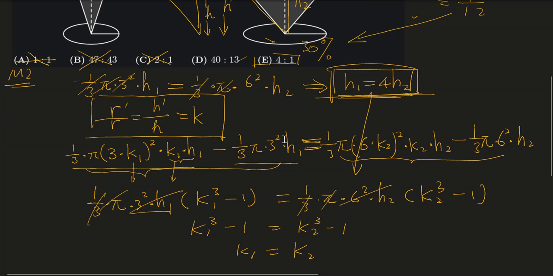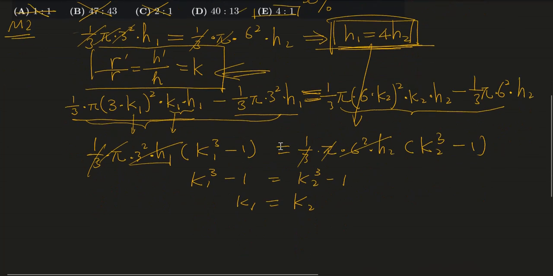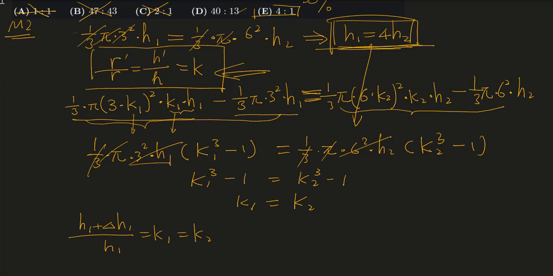What does that mean? Okay, let's look at this. Since k1 equals k2, for the left cone we have h1 plus delta h1 over h1, which is k1, which equals k2, which equals h2 plus delta h2 over h2. Is that right?